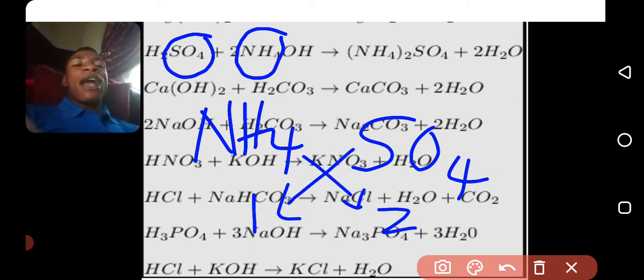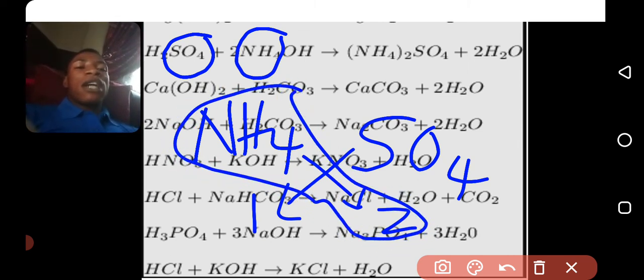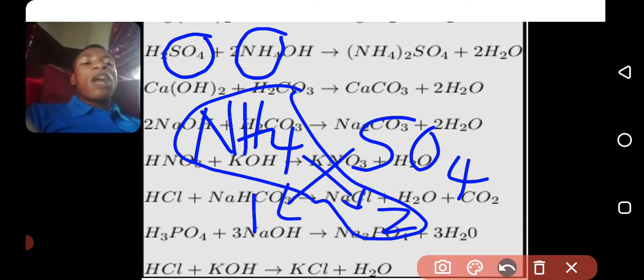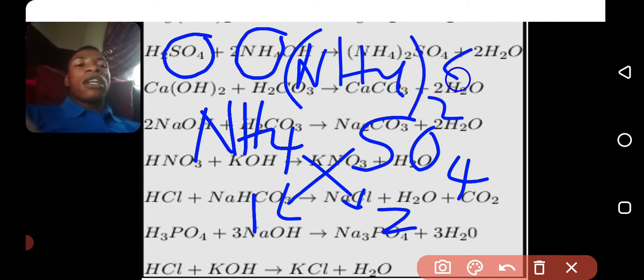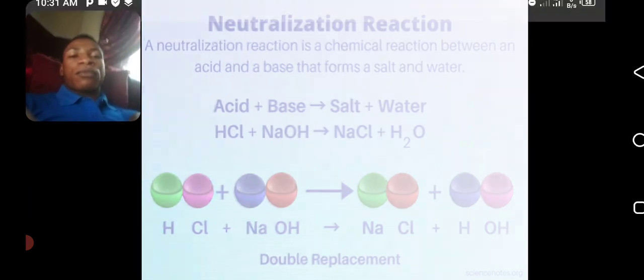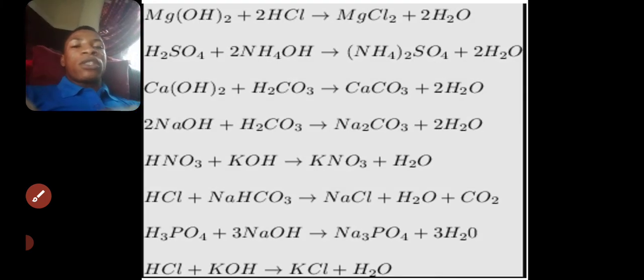That will give you NH4 2 times, SO4 only 1. So that's how we arrive at the salt, (NH4)2SO4. Take note of that.